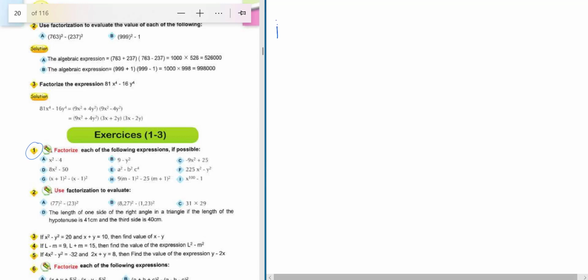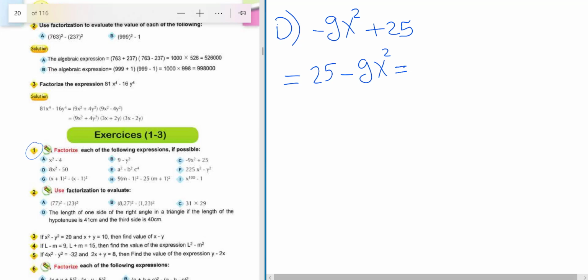Negative 9 x power 2 plus 25. Arrange the expression first so it becomes 25 minus 9x power 2.